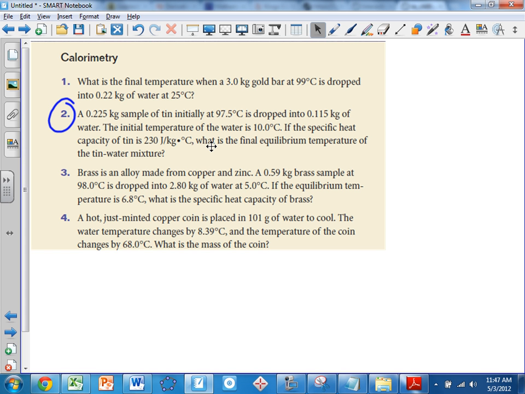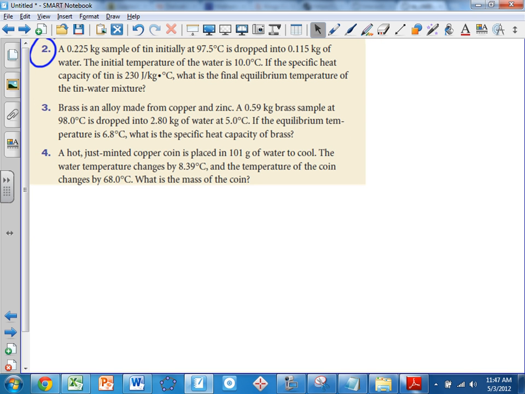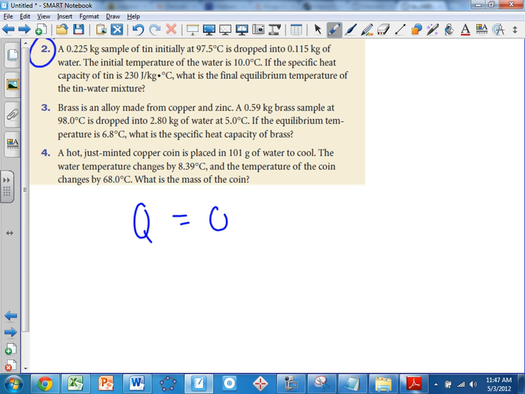So let's go to this problem now. They want to know what the final equilibrium temperature is. Who remembers what my formula for calorimetry was? Julian. It's just Q equals Q to start, remember? We put a negative here, correct?